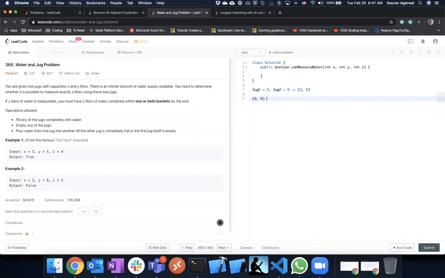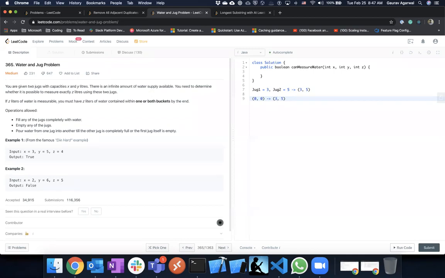We can fill the first one with 3 liters, the second one with 5 liters, or fill both jugs with 3 and 5 liters respectively. That's the first operation.